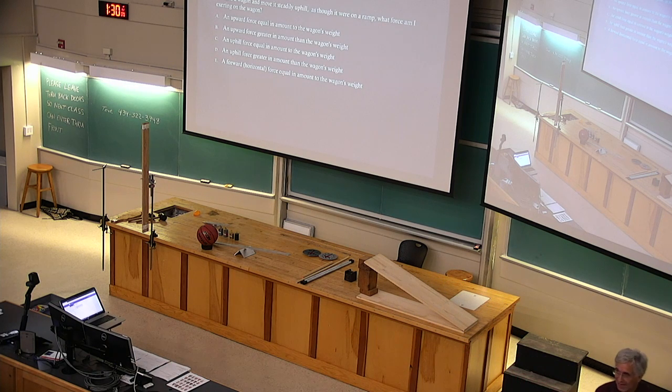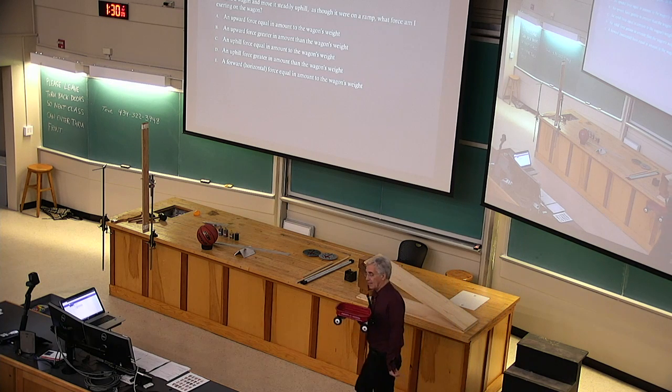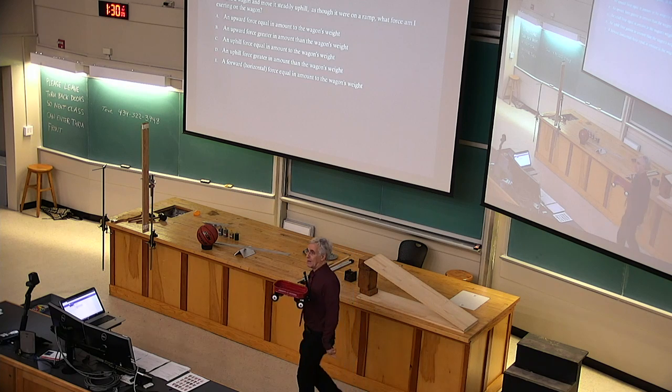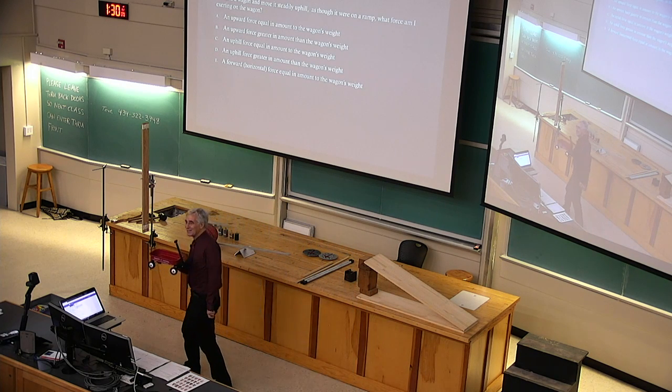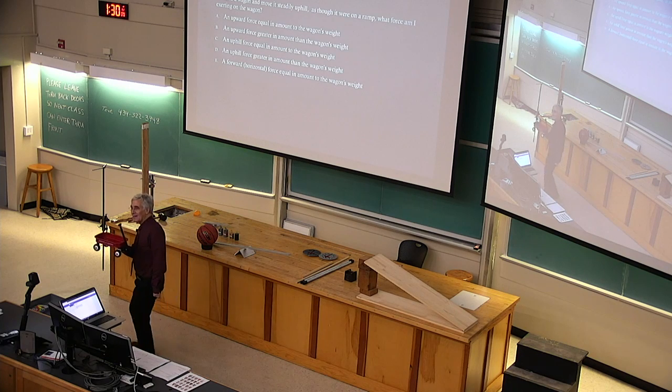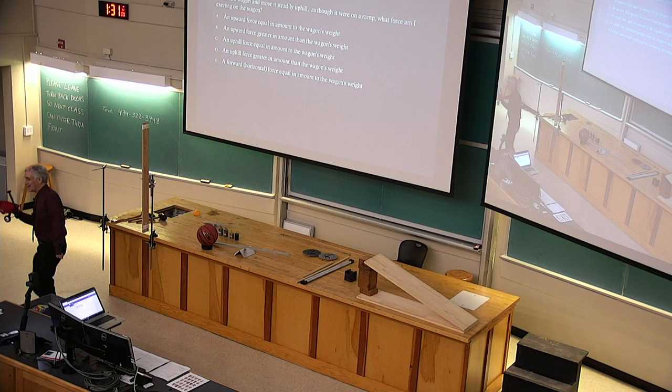In which direction is the wagon's weight? Straight down. Okay, I ran out of room, of course. I'll go slower. The only other force on this wagon, other than that straight down force, is my force on the wagon. Which way is my force on the wagon? Up. And how strong is it? Equal to the wagon's weight, right?